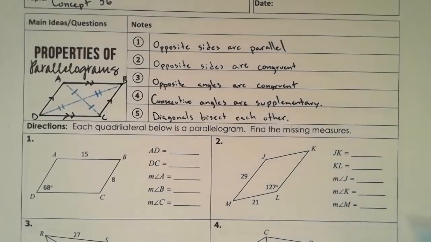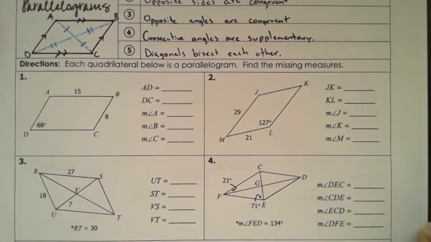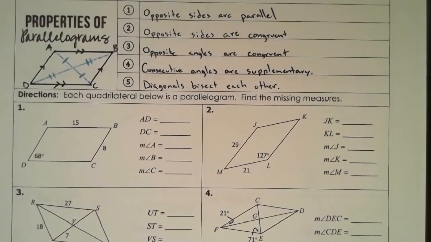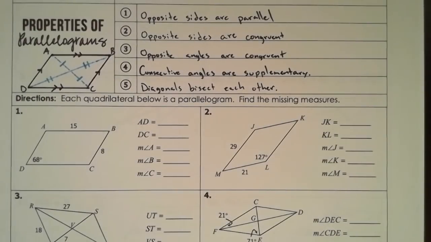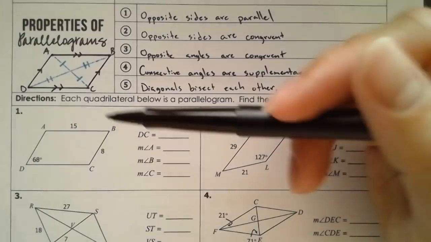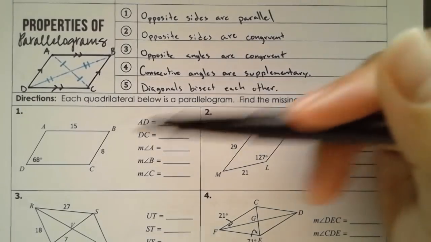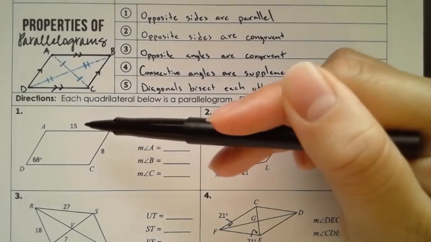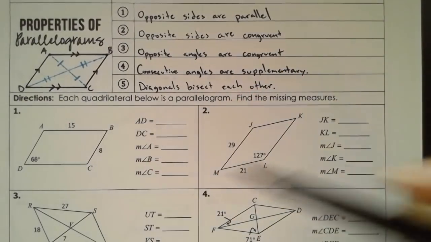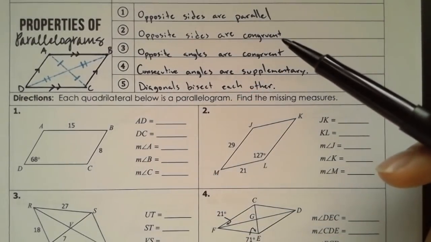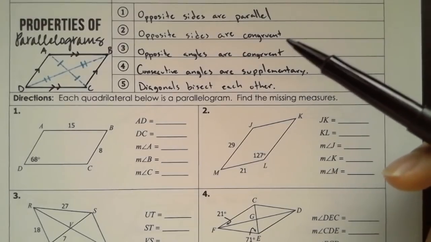So let's look at our first example here. It says directions. Each quadrilateral below is a parallelogram. Find the missing measures. So let me move this down a bit so we can look at our properties. We're looking for these missing lengths. AB is 15. Okay, so then I know, and this is property 2, opposite sides are congruent, they're equal.